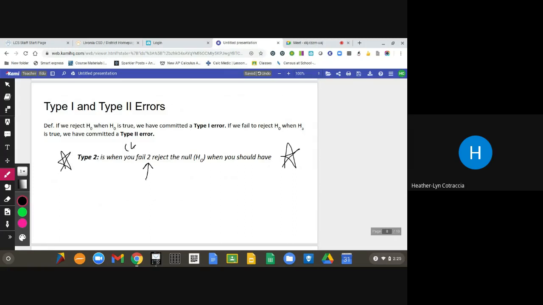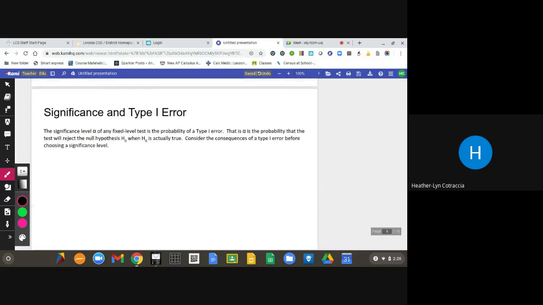In other words, you keep the null when you should have rejected it because, in fact, the alternative is probably true. So you have more evidence for the alternative. Again, errors do happen because we're working with samples. So we're always going to do type 2 first because of that way to remember it. Type 2 is when you fail to reject the null when you should have.